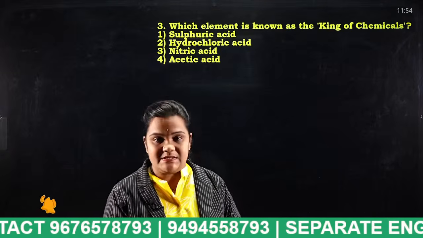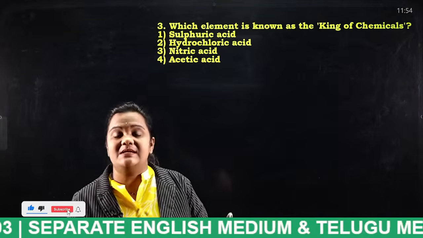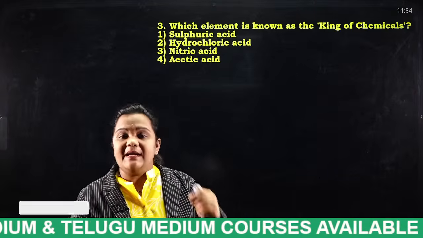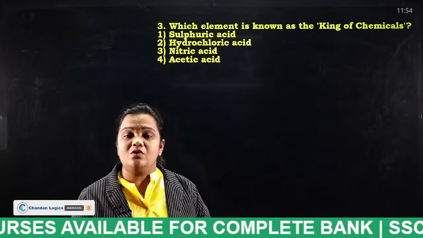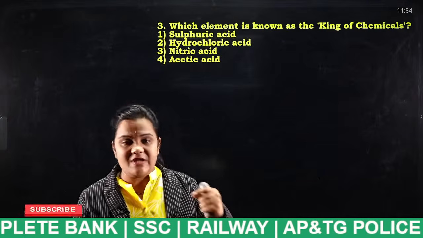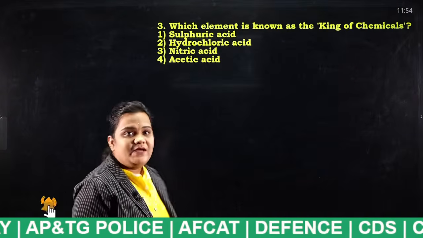It is used in fertilizers, in making drugs, even in refining petroleum, and in dyeing purposes and explosives. So this is a very essential part of making each and everything. Okay, so what is the answer for this question, students? Very good.